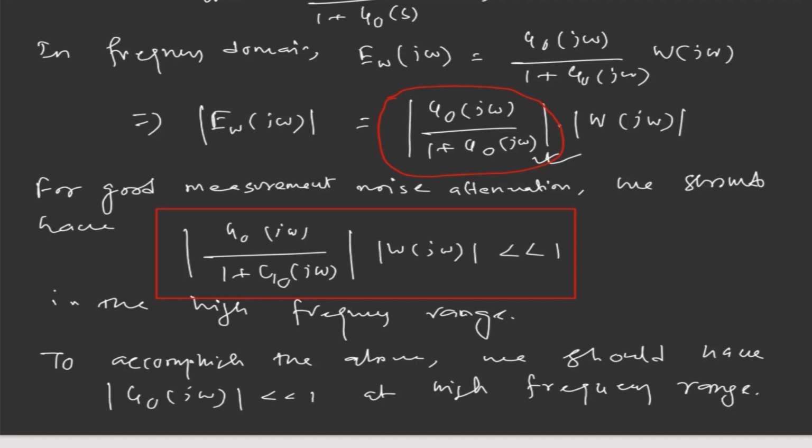So this is how we can tackle the combined error in the system, and we can fulfill our mission objective, or we can track the desired reference signal.